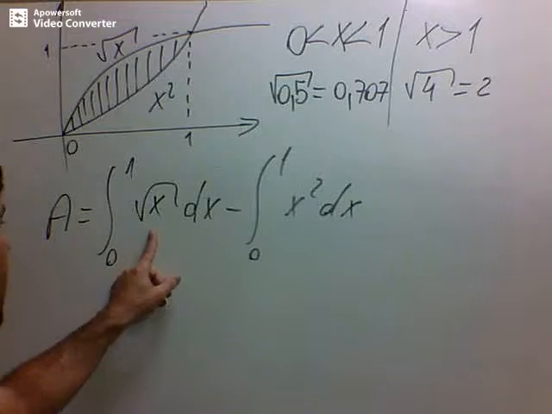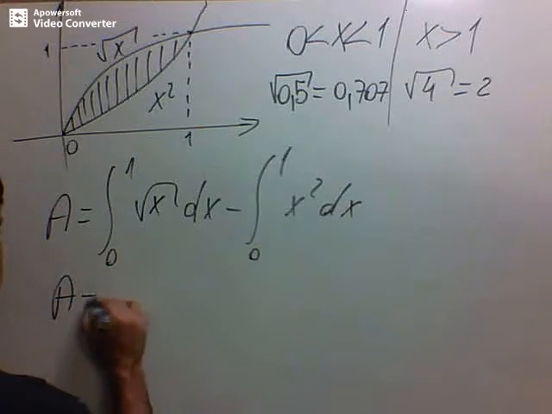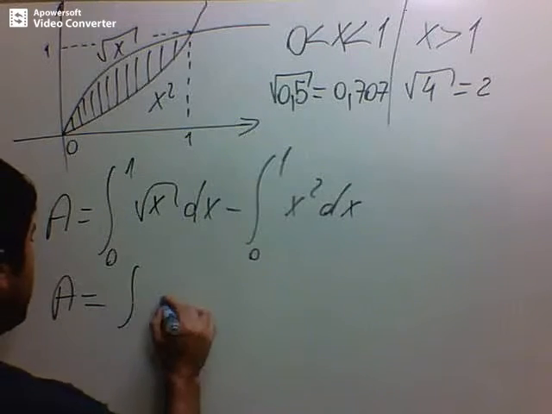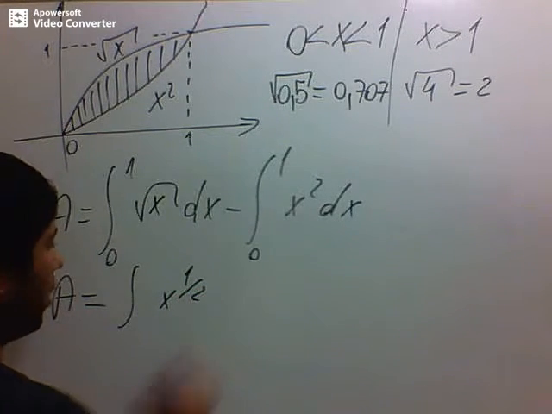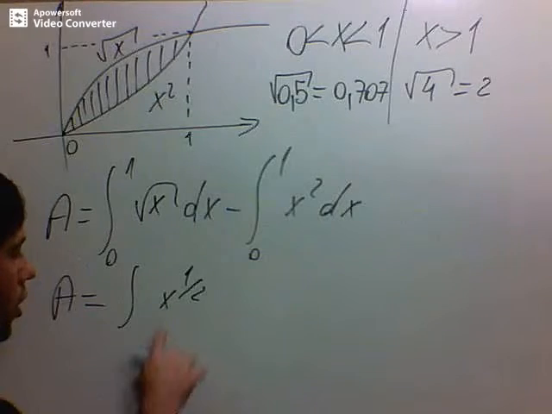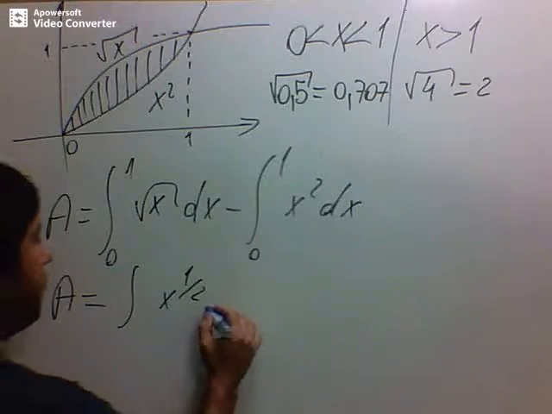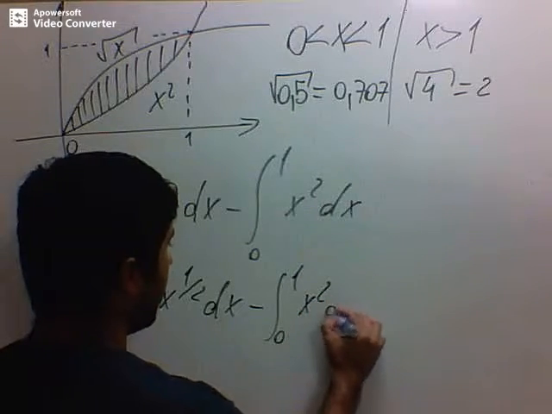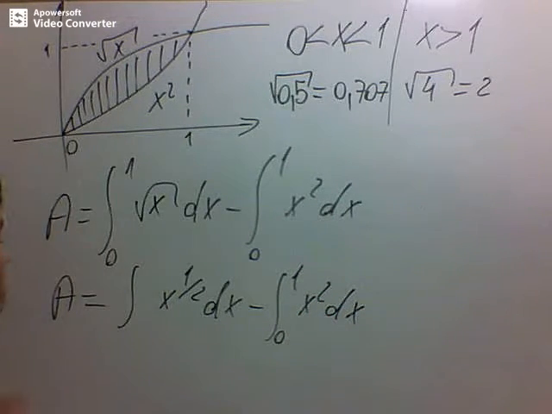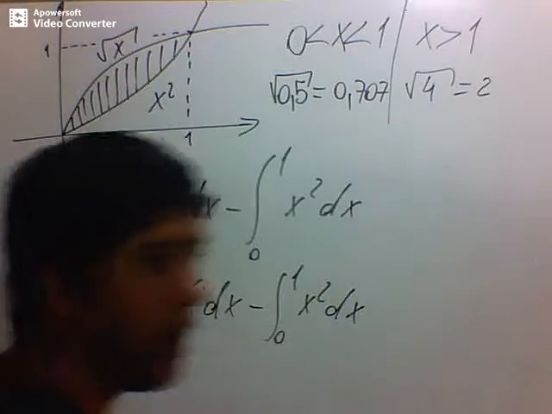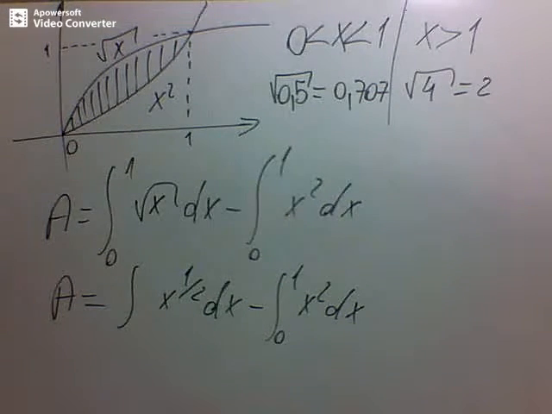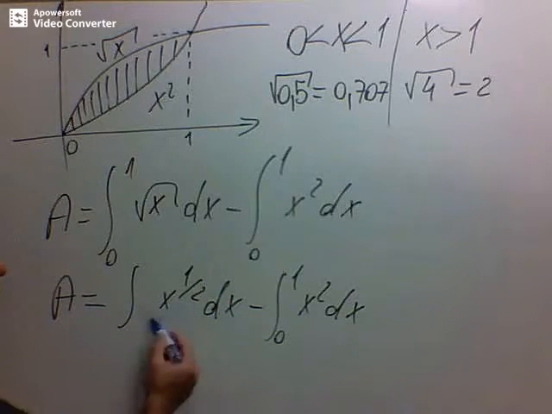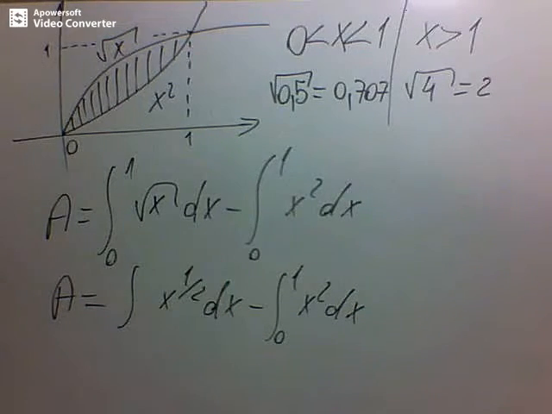So the solution is going to be the integral of x to the power of one half dx minus the integral of x squared dx. How do we calculate that? It's going to be easy. We add 1 to the exponent and divide by the number that results.